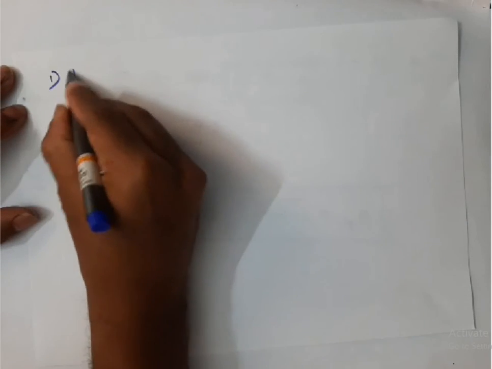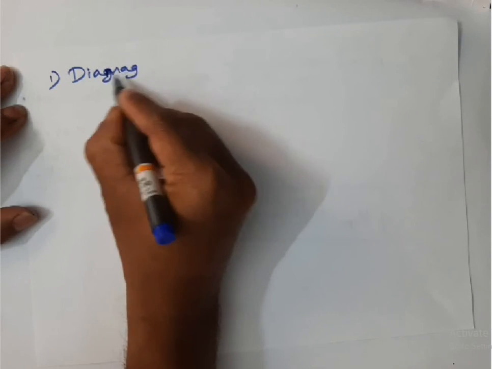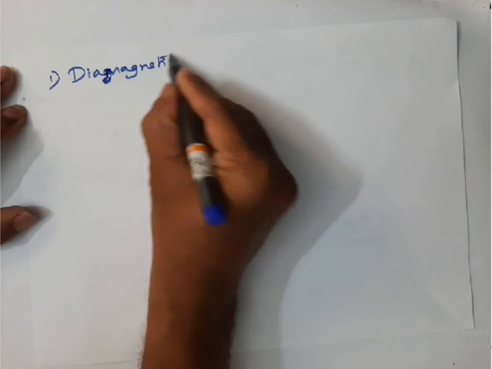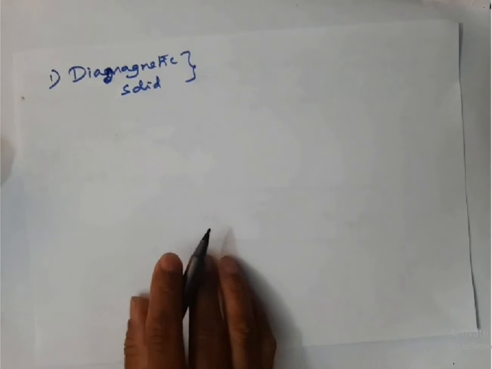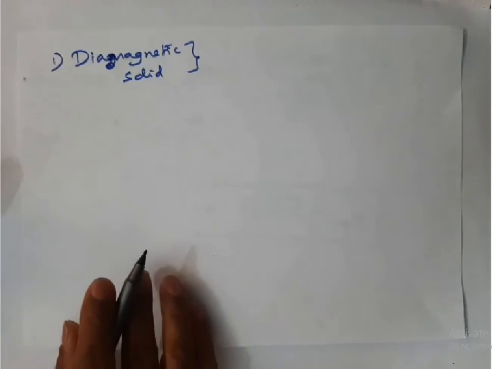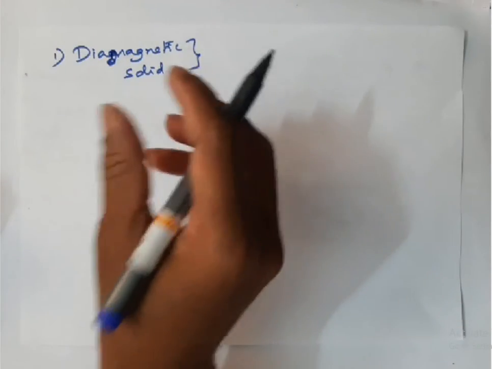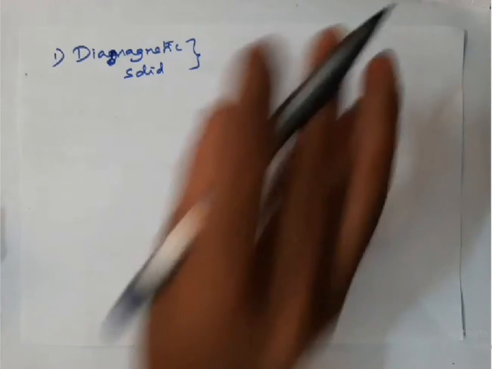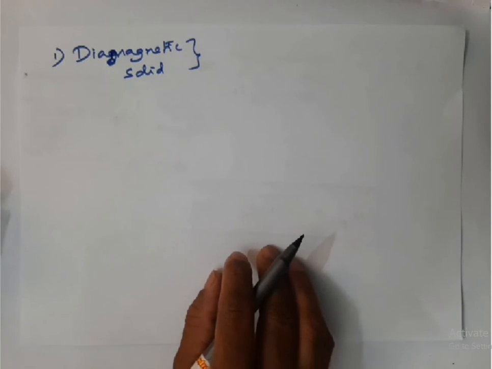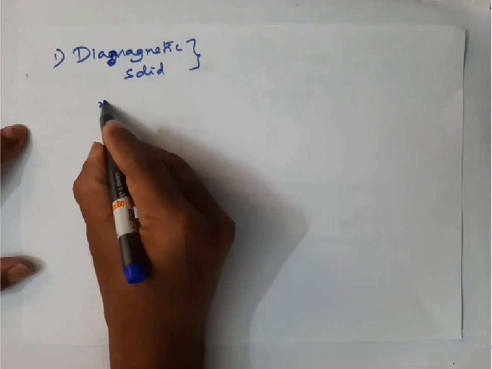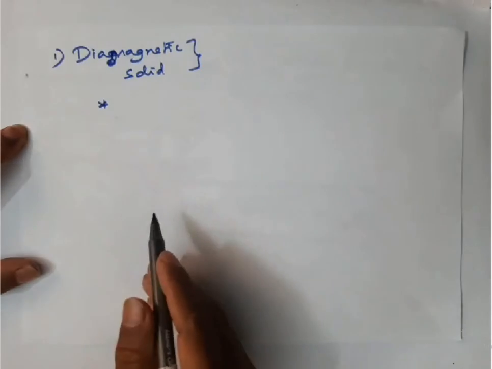So number one, diamagnetic solid. As our topic is solid, I'll use the name diamagnetic solid. Students, listen carefully. Suppose you take some solid and keep it in a magnetic field. If the solid is repelled by the magnetic field, we call the solid a diamagnetic solid.